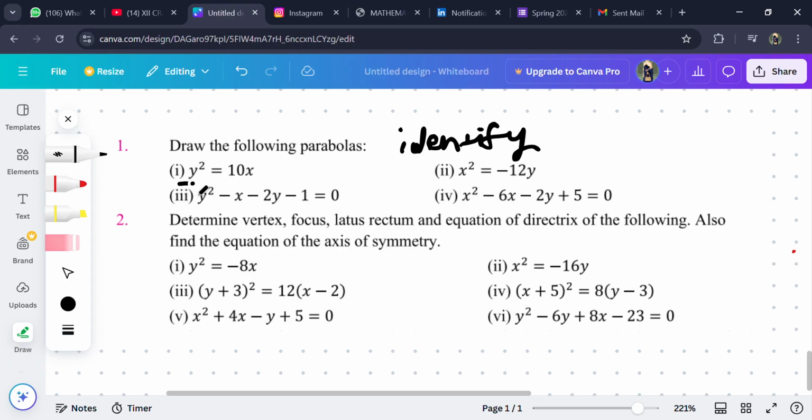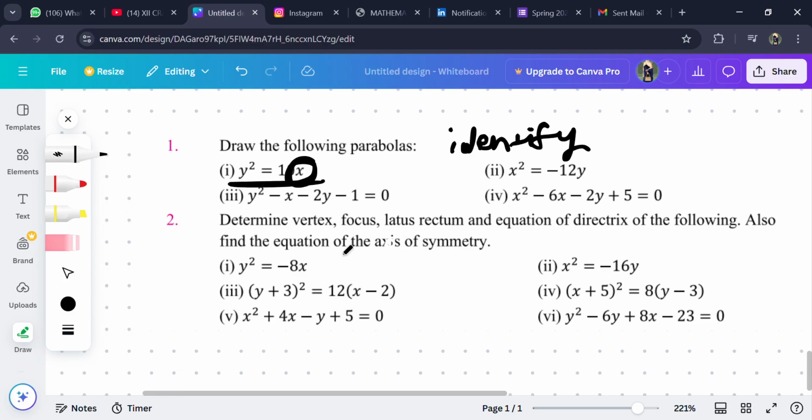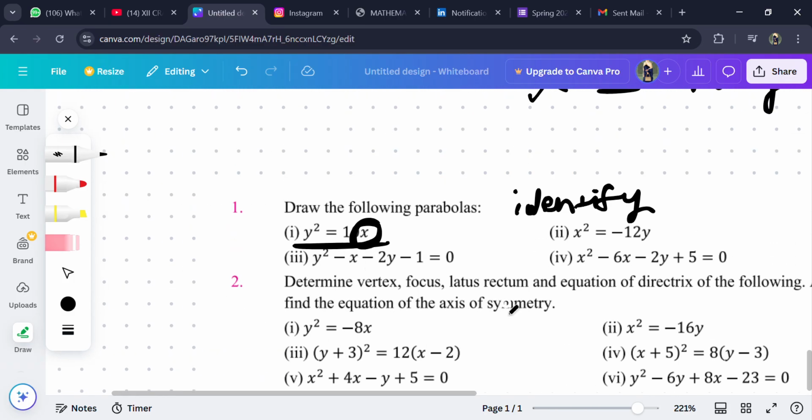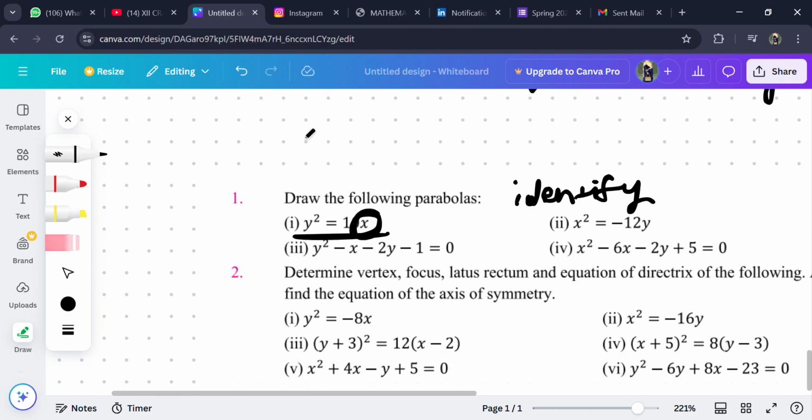For this one question, take your time and find out on which axis it is. Yes, you are right. It is the x-axis parabola since with 10 it is written x. Now, I have a question for you guys. What times the 4 is equal to the 10?